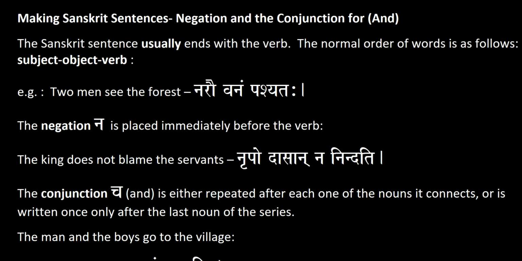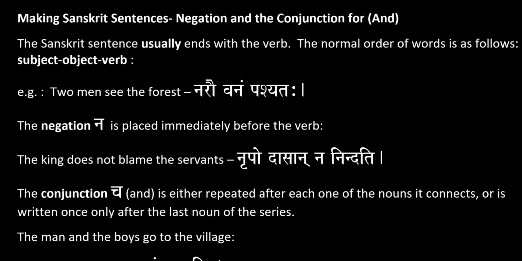As we discussed, there's usually an order for Sanskrit. The beauty about Sanskrit is that you don't have to worry about the order of the sentence, as long as your declension and your conjugations are complementing each other and agreeing with each other.